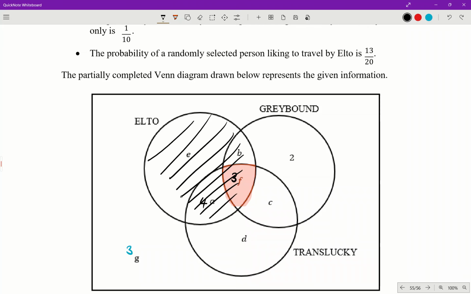Let's forget about the other one for now. Let's pretend as if we are not seeing it. Let's focus on trans and grain boundary. So the favorable outcome that we have is C plus F.